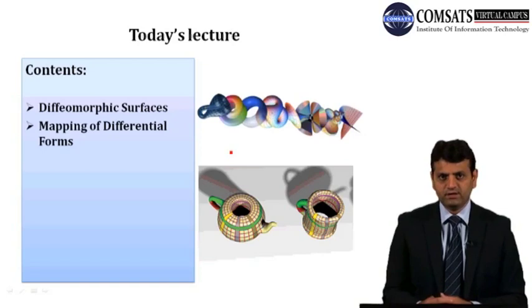So एक surface पे हमने ये देखा था we can define zero forms, one forms and also two forms, लेकिन under this mapping उन zero form, one form, two forms की क्या image होगी ये आज के lecture में हम देखेंगे.